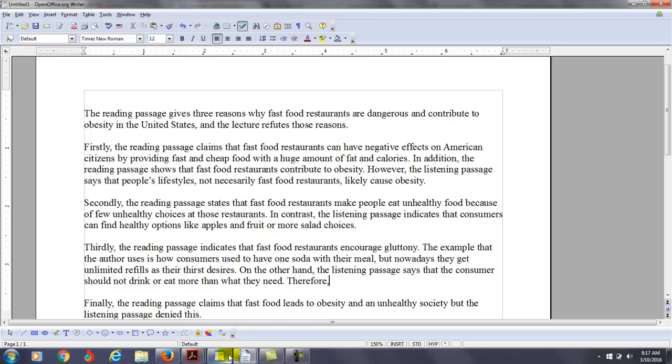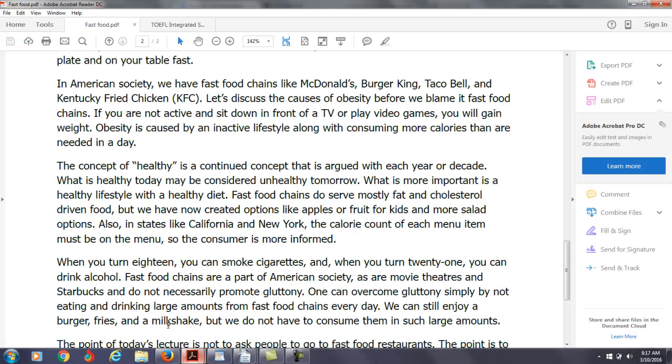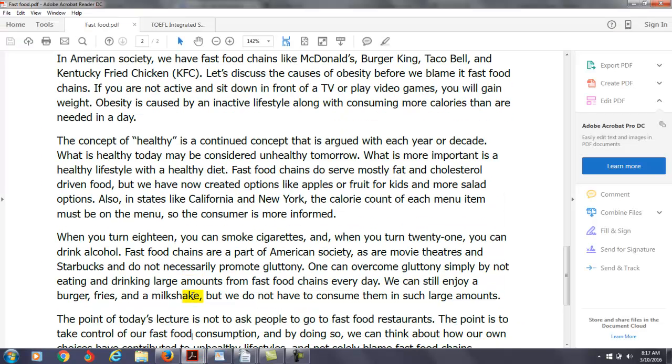If we go back to the lecture, you could probably develop this point just a little bit more. Where does it say? It's saying that fast food chains do not necessarily promote gluttony.